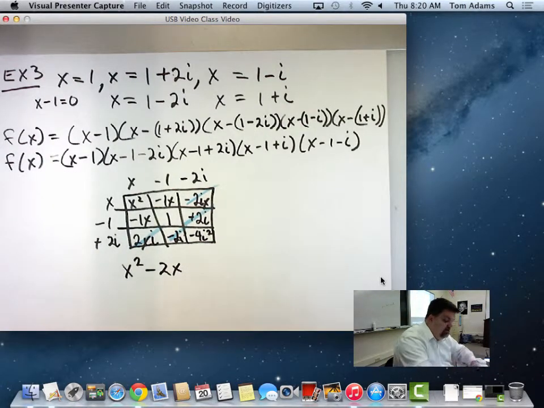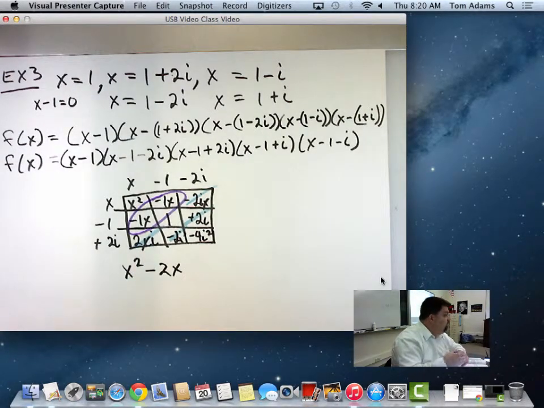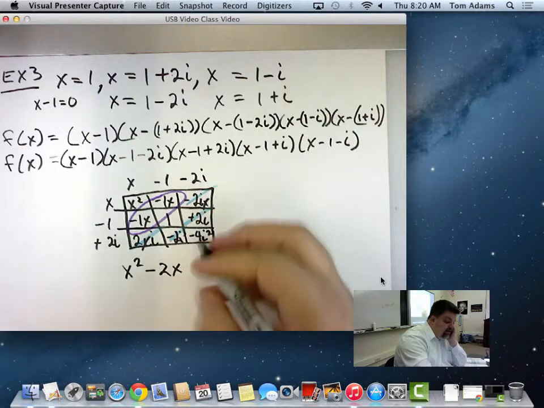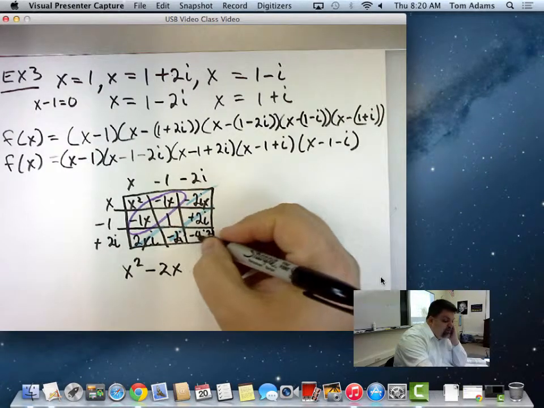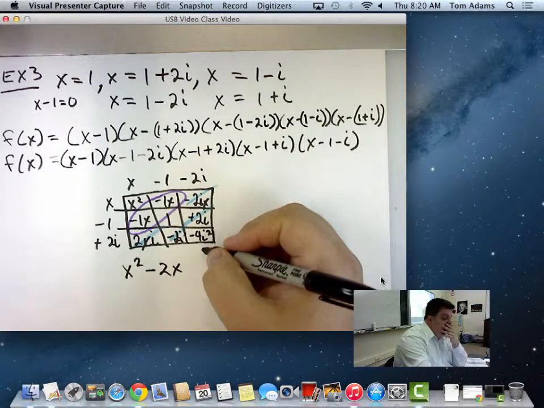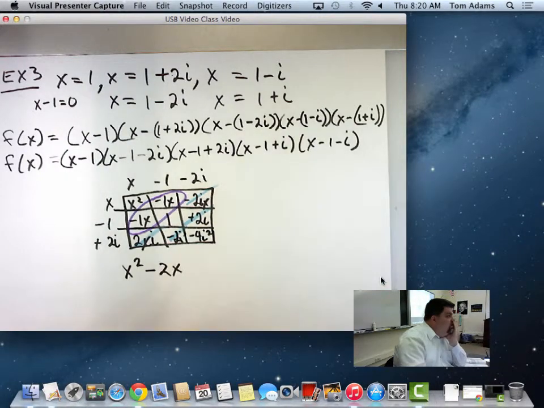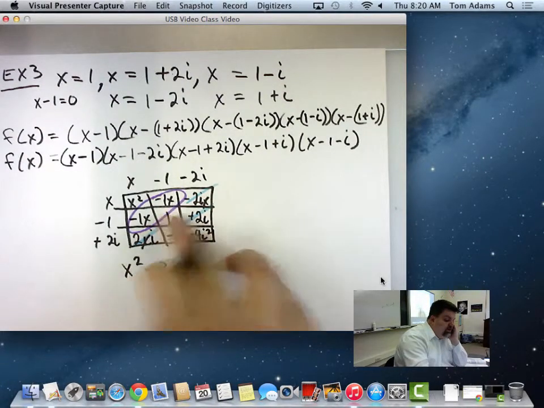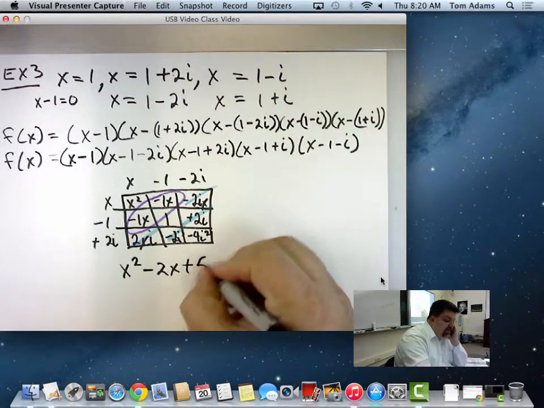I've got minus 1x and minus 1x. Okay. And then I've got plus 1. Now what is negative 4 times i squared? i squared is negative 1, so what's negative 4 times negative 1? Positive 4. So 4 plus 1 is 5.